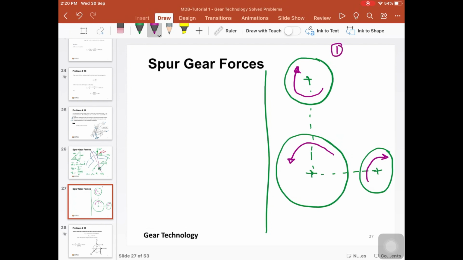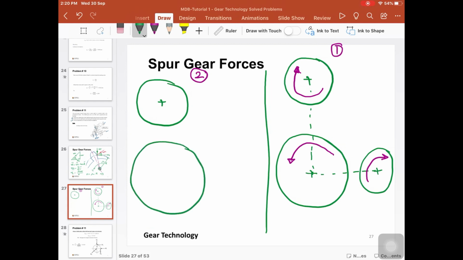In case number two, we have more or less the same, with only one difference. This is our pinion, this is our idler gear, this is our output gear. Then we have the direction of rotation reversed.